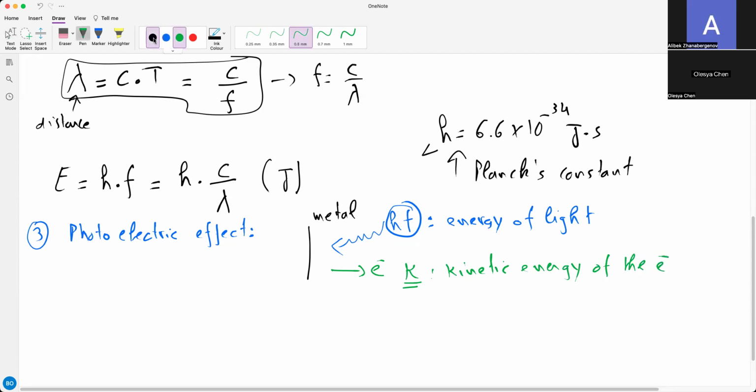And in addition to that, the metal has a work function. Who can explain to me what the work function of the metal is? You might expect some questions in the exam like that. Can you define or explain what the work function is?